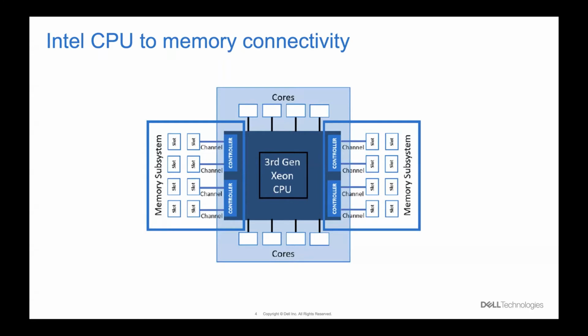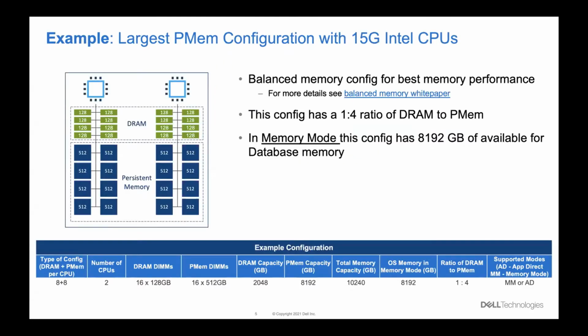And that in other words says that the configuration which we are able to have with PMem and DRAM in total, having in mind that the largest DRAM capacity nowadays is 128 per piece, and for persistent memory it's 512 gigabytes.